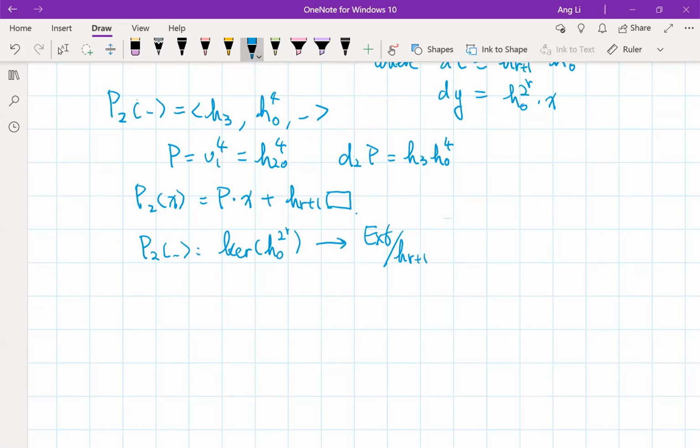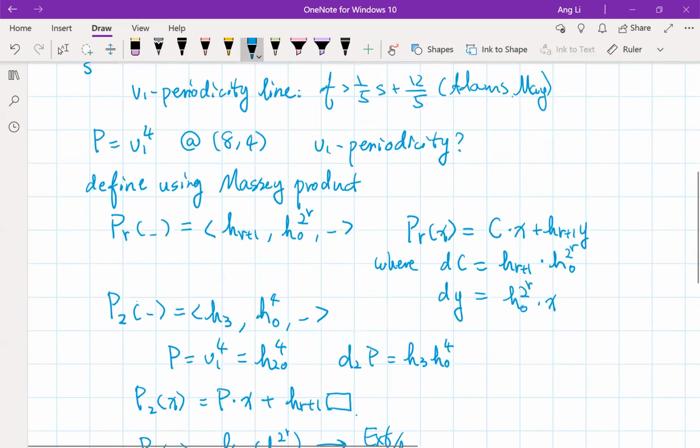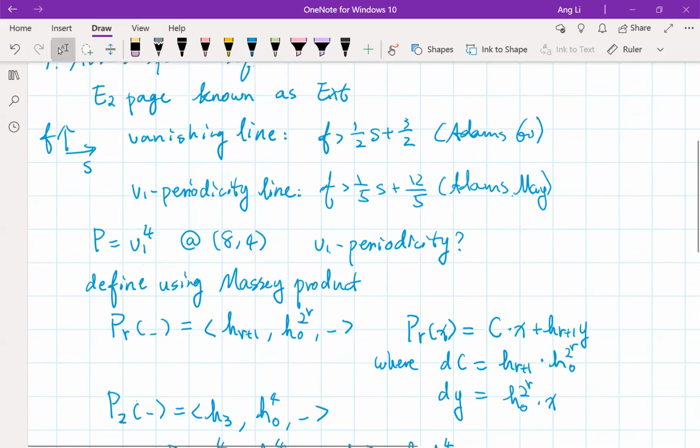Those things in the co-kernel that affect it being well-defined are called indeterminacy, and it's some work. We need to check that it has 0 indeterminacy and such. But the messy product is the way we are describing this V1 periodicity.